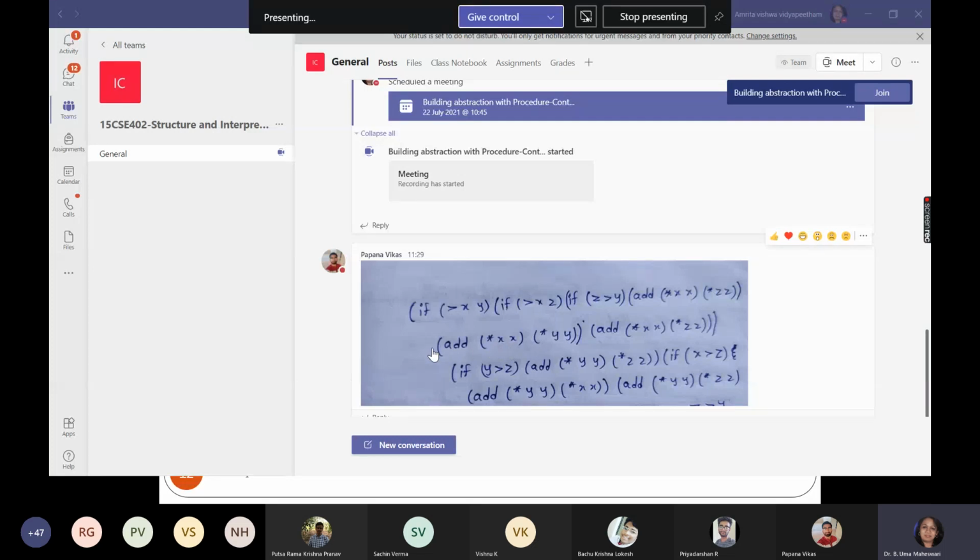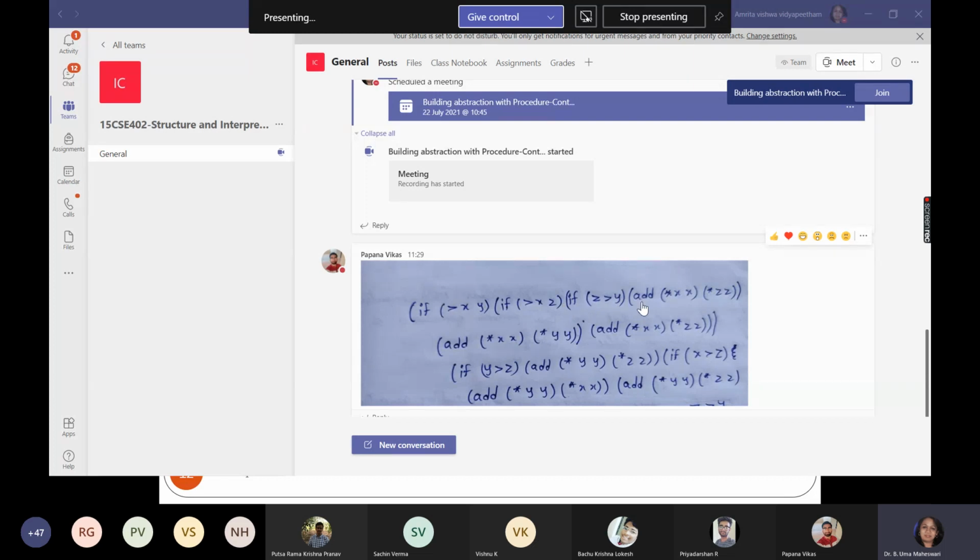Otherwise, it should be a simplified code which is built on top of another abstraction. So according to you, if x is greater than y, then x is greater than z, then something you have to return, right? Which statement will be returned actually?